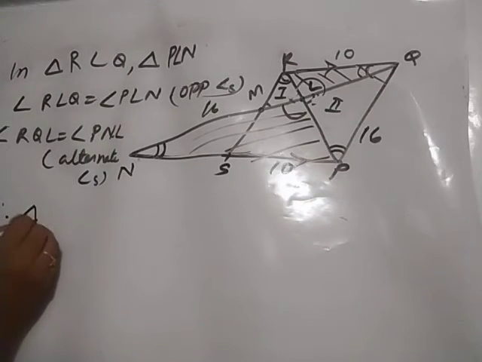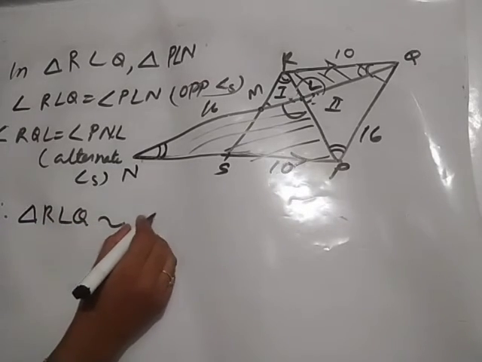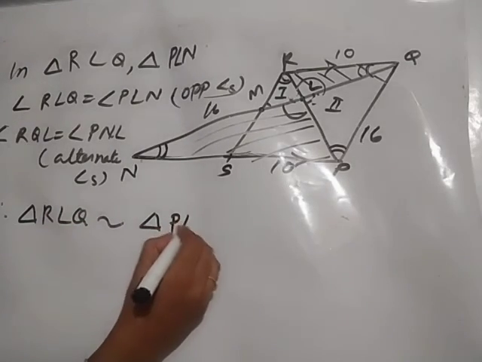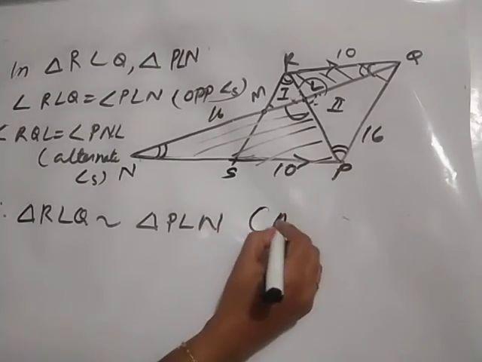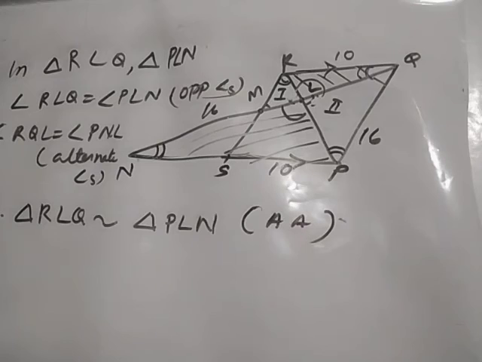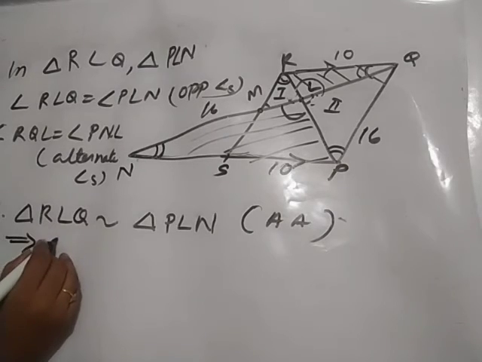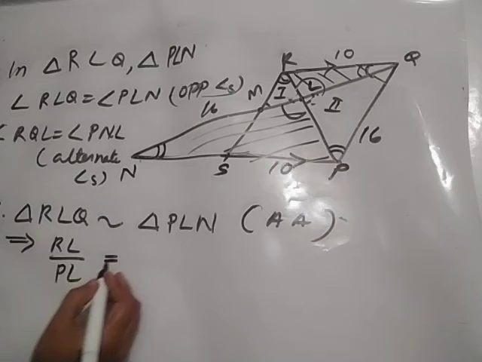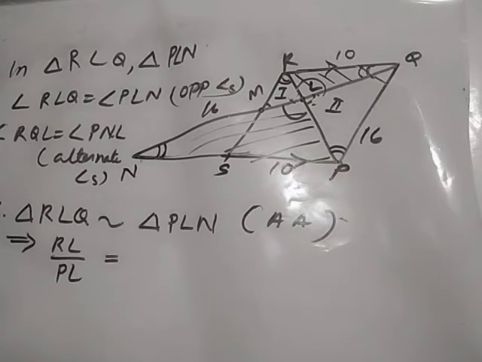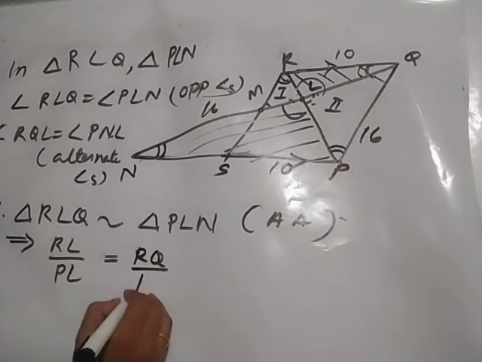Therefore, triangle RLQ similar to triangle PLN by AA postulate. Therefore, we can write the corresponding sides are proportional. RL by PL is equal to, we need the length of PN, so RQ by PN.